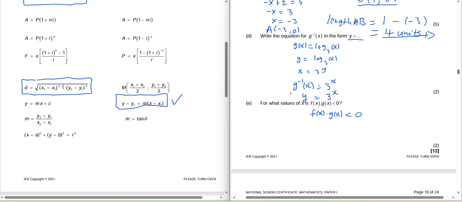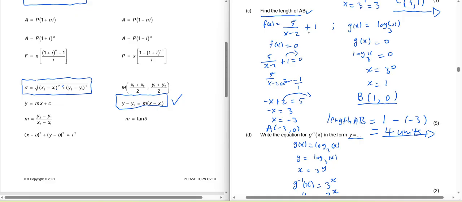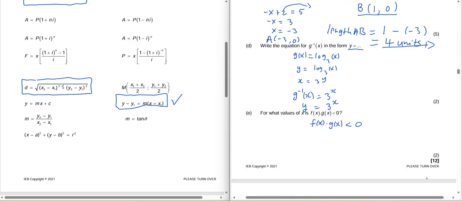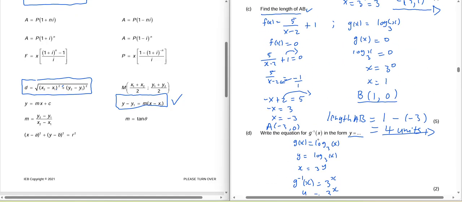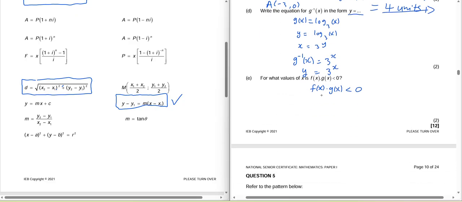Because going via the algebra, you are going to die, because there is f of x. F of x is horrible. If you look, f of x is horrible. And then if you times it with g of x, we will get log on the other side. It becomes very horrible. So if you want to do it the algebraic manipulation way, you are going to crash. Now, the two that we will need here, we need our logic and our graph.